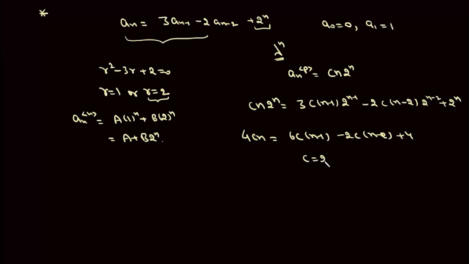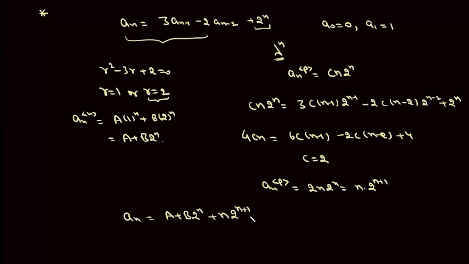That means the value of C will be 2. So its particular solution will be 2n·2^n, or simply n·2^{n+1}. So its general solution will be a + b·2^n + n·2^{n+1}.